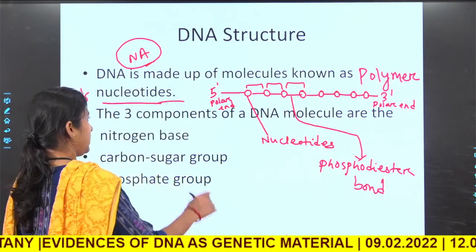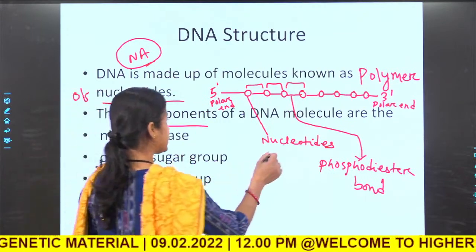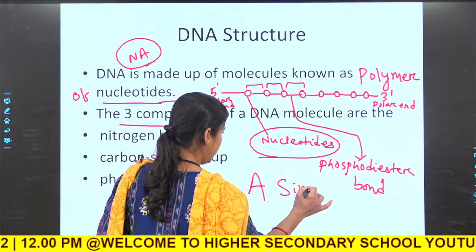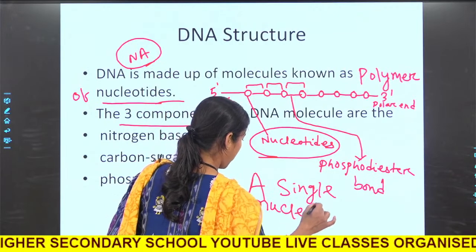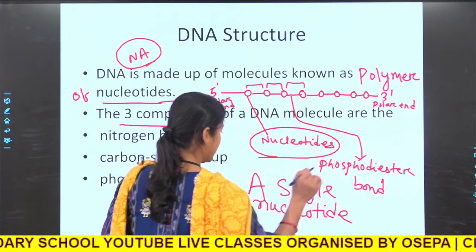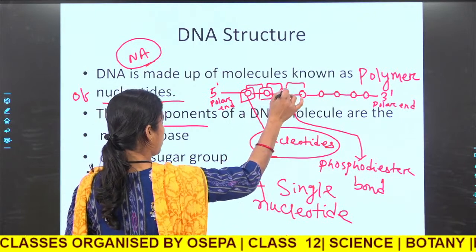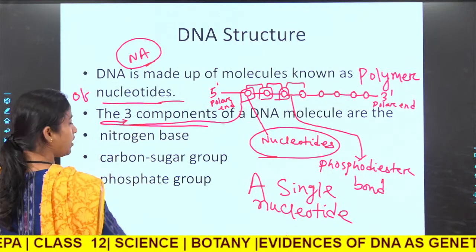Now, a single nucleotide comprises 3 components.